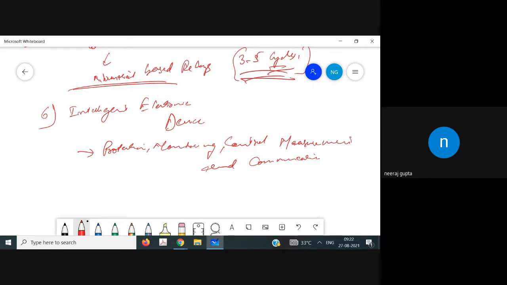As far as the standard is concerned, these are designed to support the IEC 61850 standard.